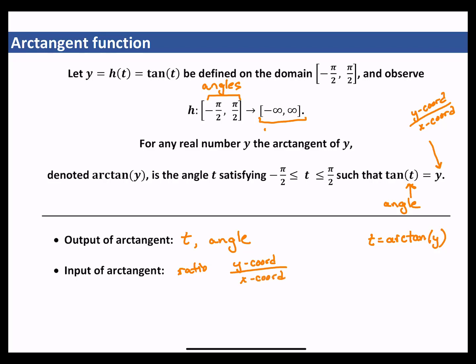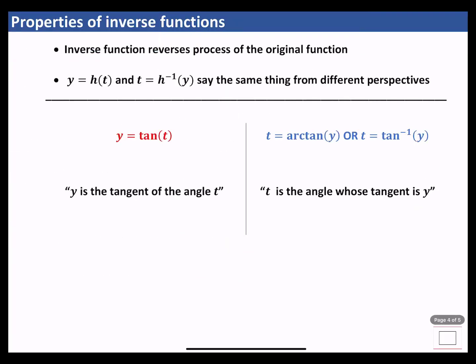Because the arctangent function is the inverse of the restricted tangent function, all the properties of inverses we previously learned will be true. For example, we know that an inverse function reverses the process of the original function, and that y equals h of t and t equals h inverse of y say the same thing from different perspectives.